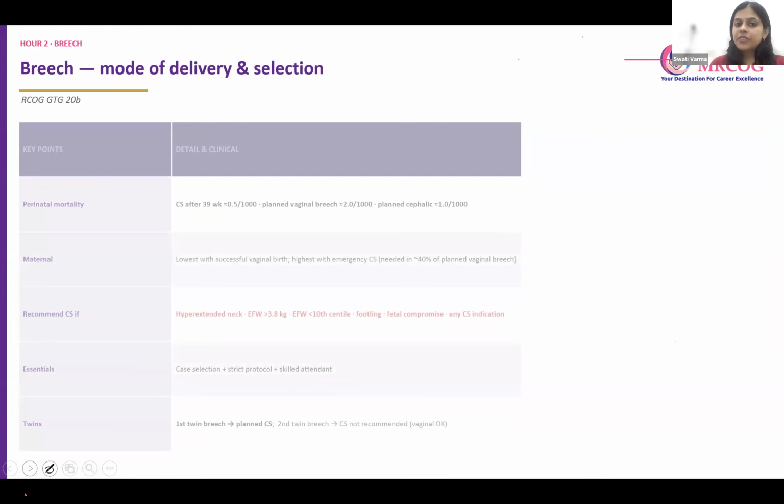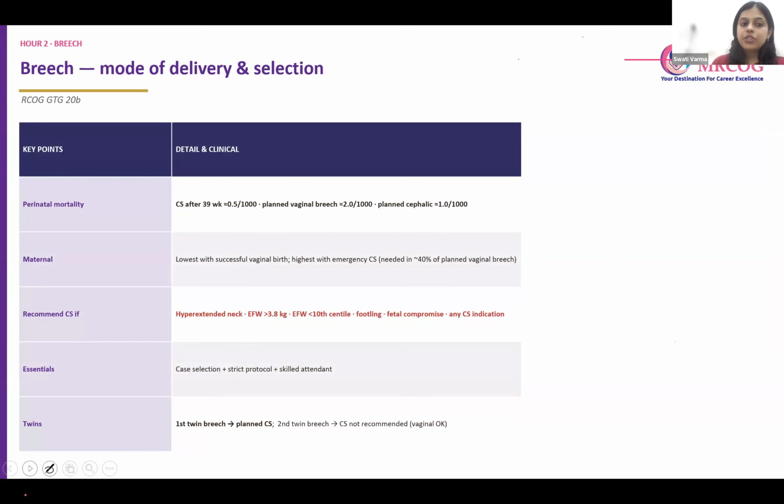Then coming to mode of delivery and selection in breech. Coming to perinatal mortality, this should be kept in mind: for a breech patient, vaginal delivery is safer for the lady, and cesarean section is safer for the infant.